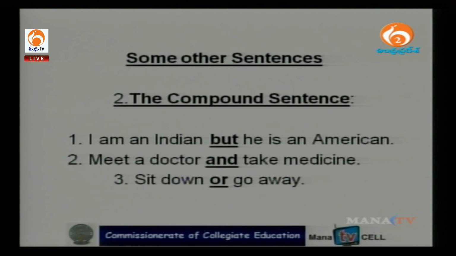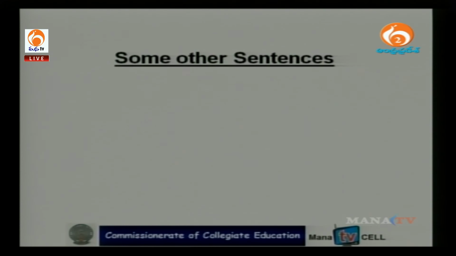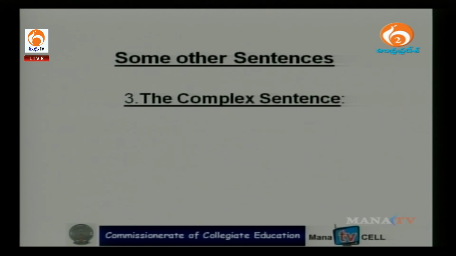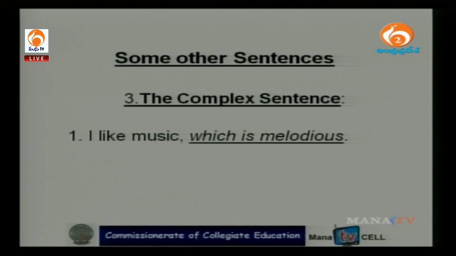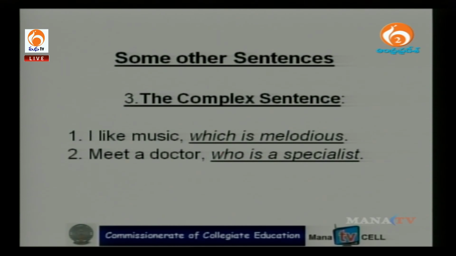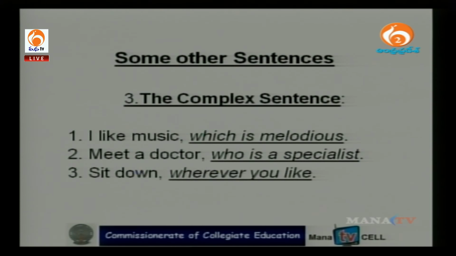Now, let us look at another one, the complex sentence. Complex means it is difficult in structure, that is why we call it a complex sentence. Look at the examples here. I like music which is melodious. Here the first part, I like music, is a main clause, and the second part, the underlined part, is a subordinate clause, which is melodious.